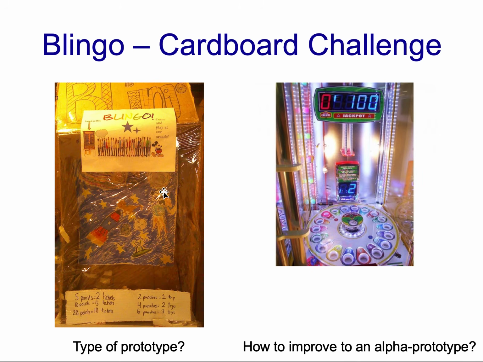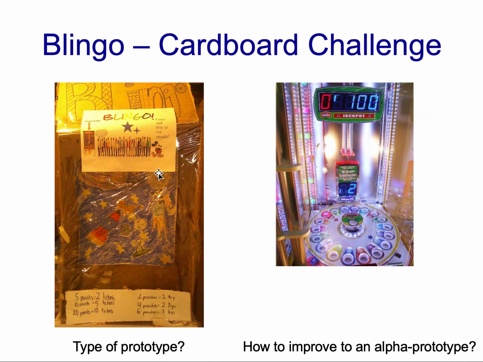From previous years, the students built a lot of different prototypes. So this is a physical prototype of a game. If I ask you how you would map this on the physical, analytical versus focused, comprehensive chart, where would you put this?